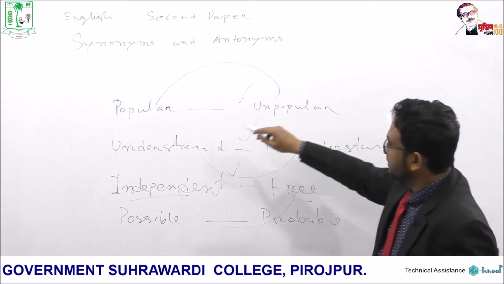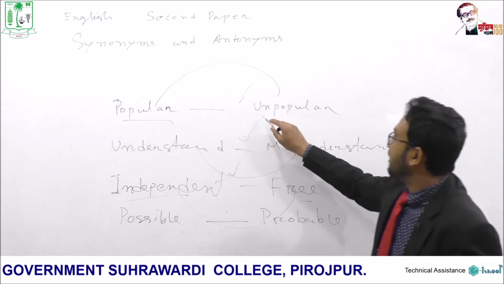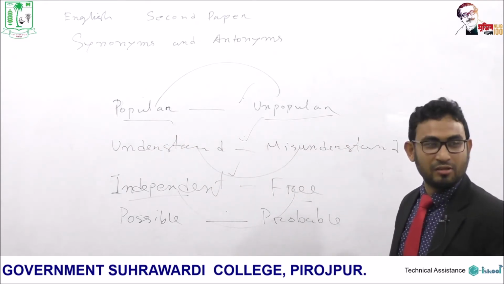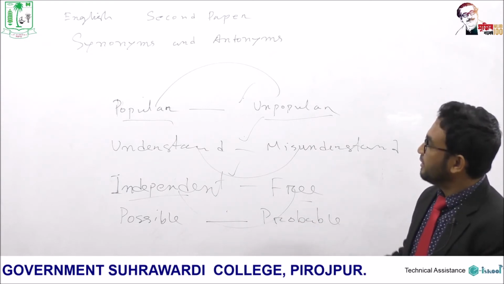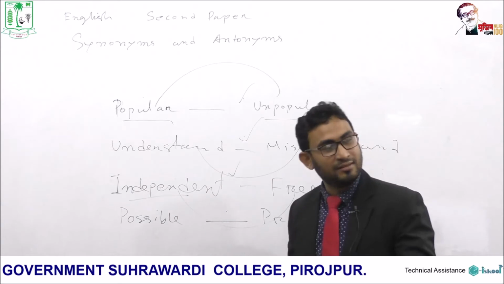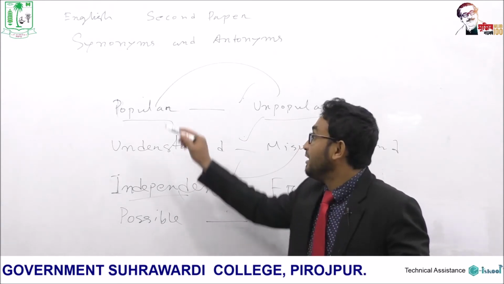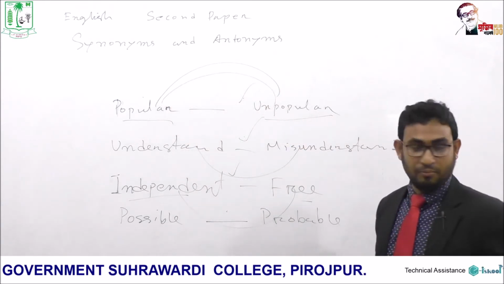If we say popular and unpopular, what kind of relationship do we say? In this pair of words, now you may understand that there is an opposite relationship.